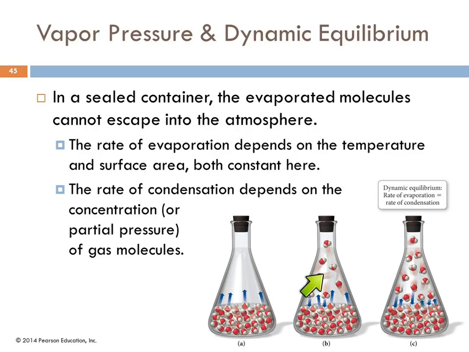The more gas molecules you have, the more will be hitting the surface and getting trapped. So it depends on the concentration or the partial pressure, because we don't usually talk about concentrations of gases, we talk about their pressures. So the more gas there is here, the higher the pressure of that gas is. And the higher the pressure, the faster it will condense.